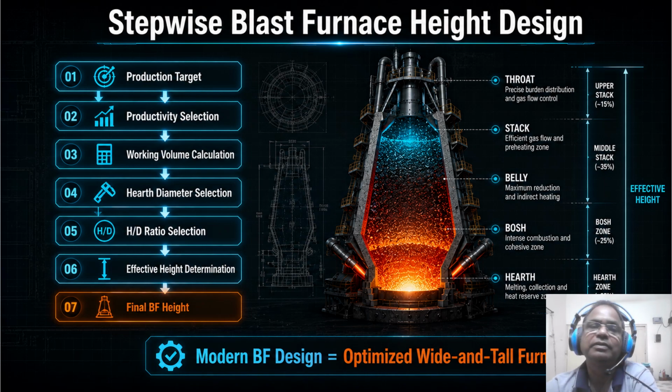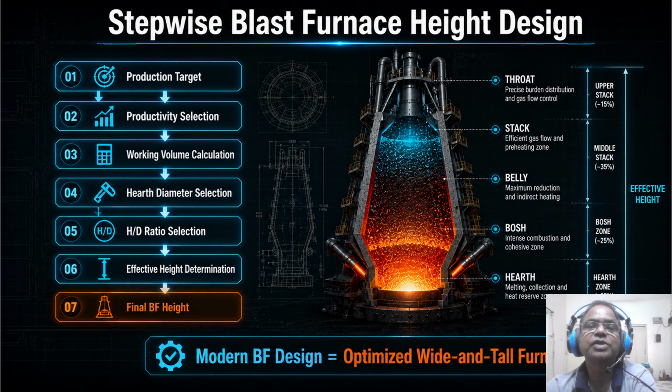After that, the H by D ratio, meaning height to diameter ratio, is selected. This is a very important design parameter because it controls gas dynamics, burden descent, pressure drop, and furnace stability. Then engineers determine the effective furnace height required to achieve complete reduction and proper gas utilization.